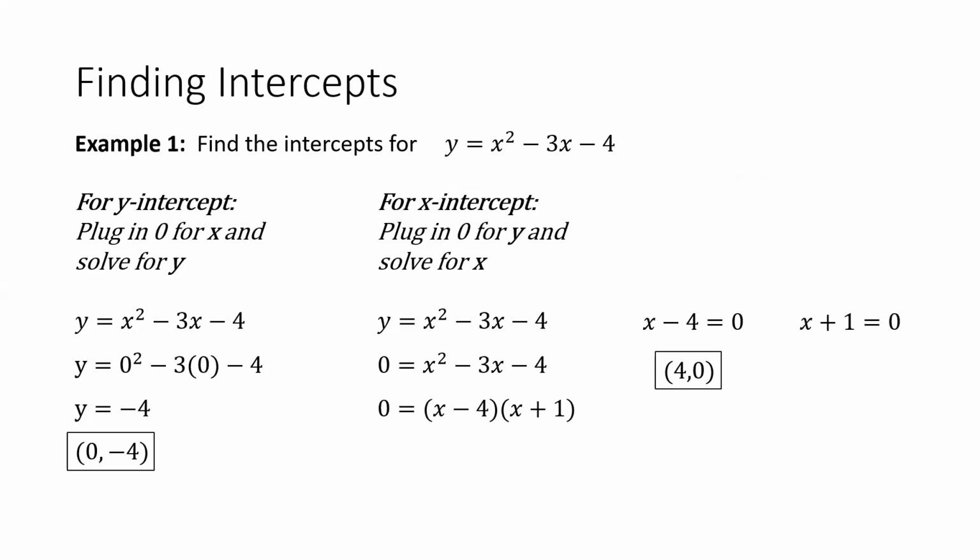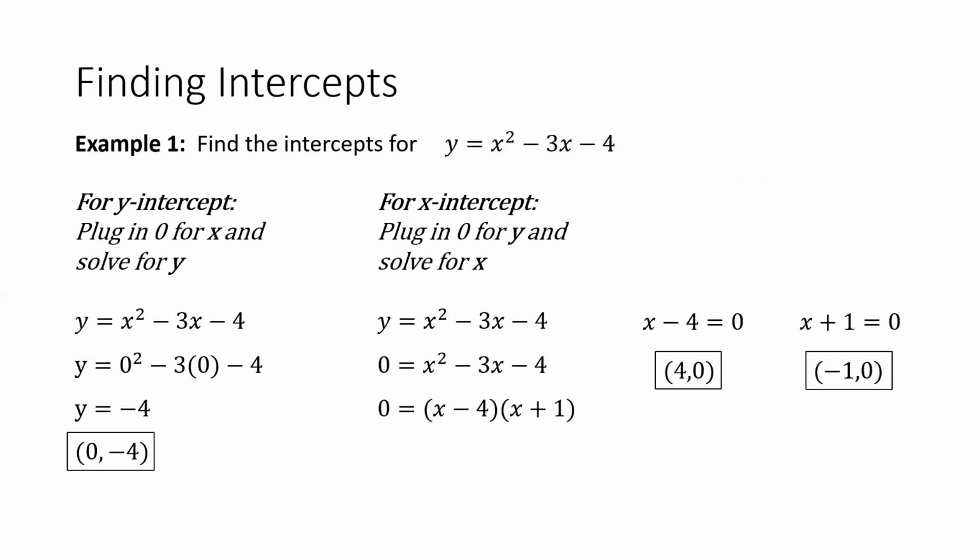I add 4 to both sides for the first equation, and I subtract 1 from both sides on the next equation. So algebraically, I have x is equal to 4 and x is equal to negative 1. But again, that's not an answer, so I need to make sure I'm writing my answer as points. So my x-intercepts are (4, 0) and (-1, 0).